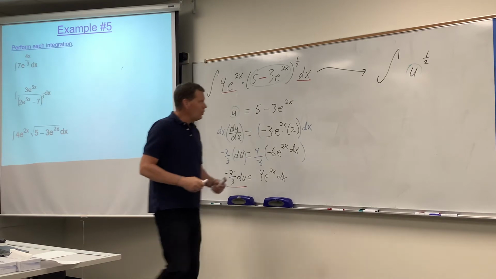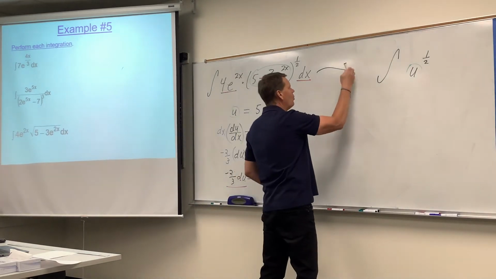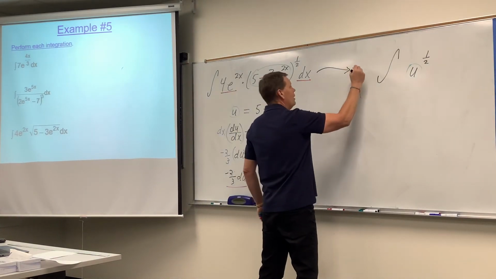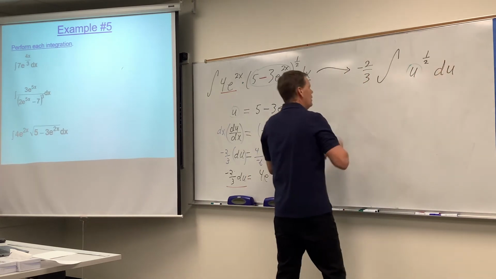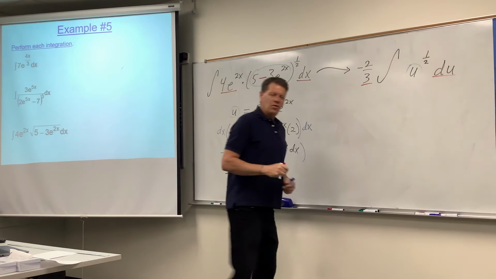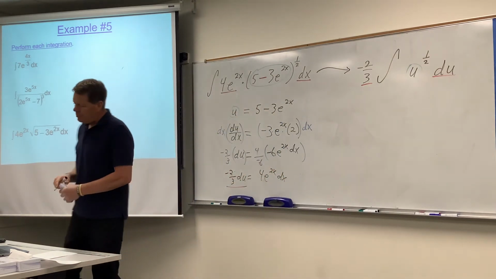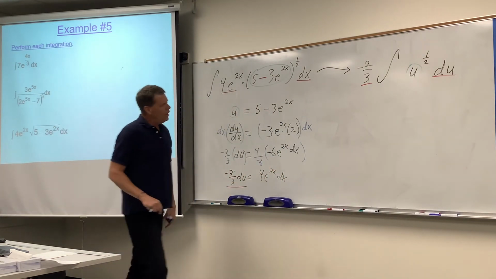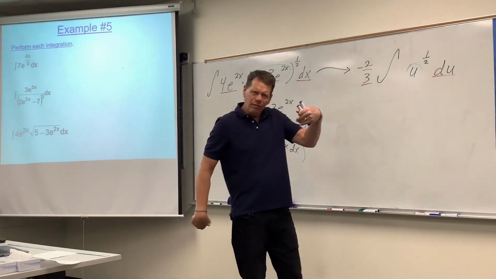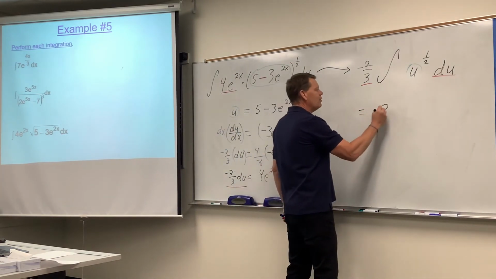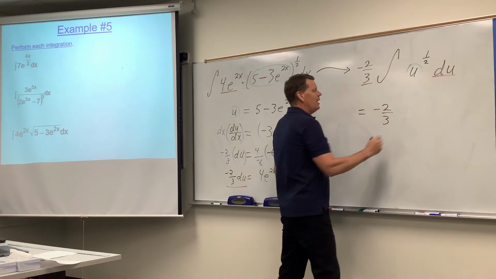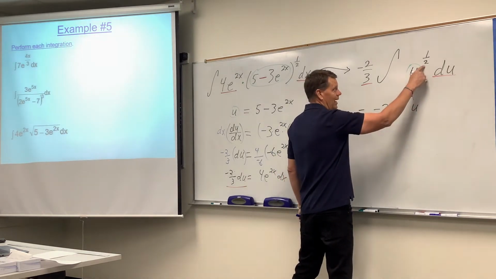So in our new integral, this new one that we hope will be simpler, this new one that we hope will be easier to integrate, there you go. So this is back to that substitution assignment. Oh, that's easy. The integral of a power rule. All right, now let's remember the -2/3 that had to be part of this. And then don't you add 1 to that.